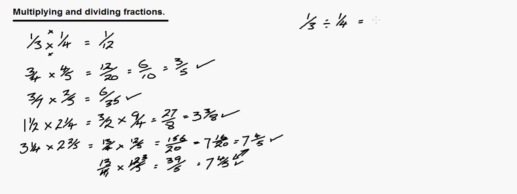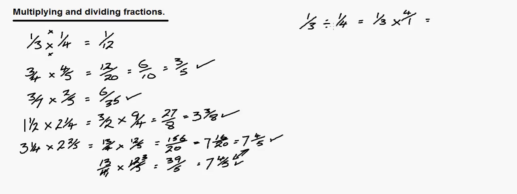So what I do is I rewrite the question and I write 1/3 multiplied by. Now because I've changed this to the exact opposite, I just changed the second fraction to the exact opposite. So instead of 1/4, it becomes 4/1.